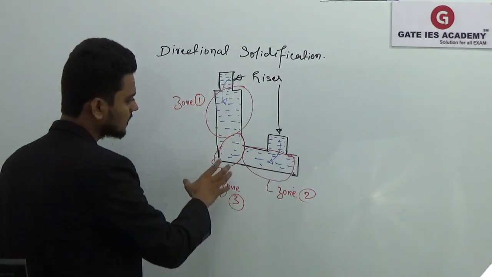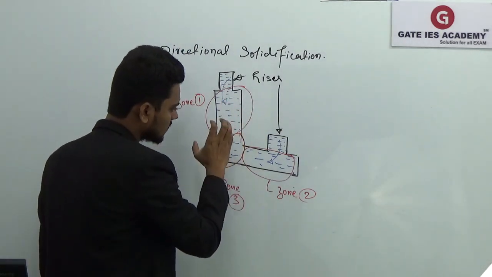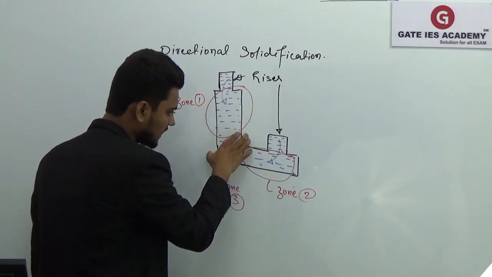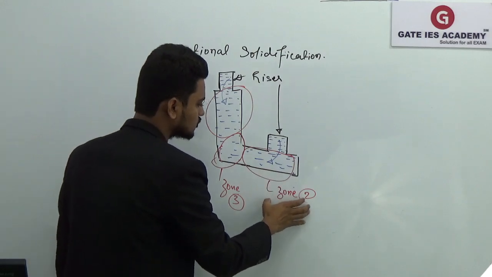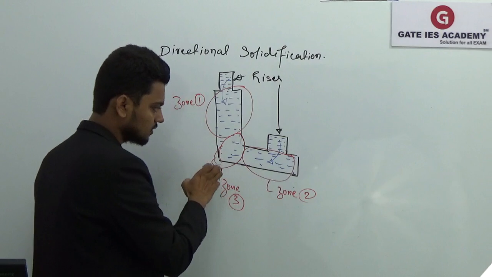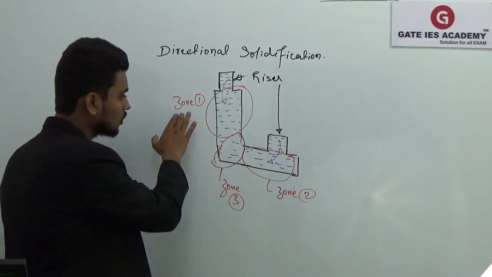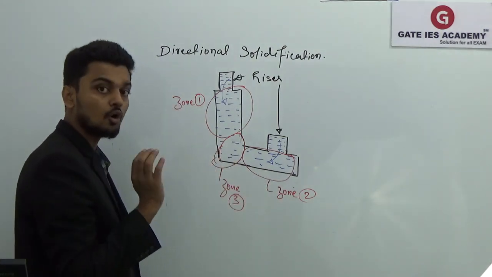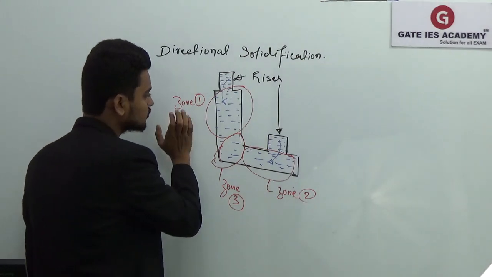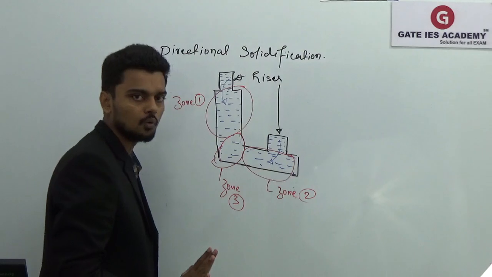What I said is, the volume of the molten metal present in zone 3 will be greater than zone 1 and zone 2. So when that volume is greater, obviously it will take extra time to solidify than zone 1 and zone 2.